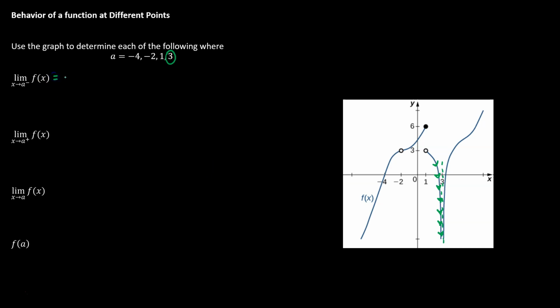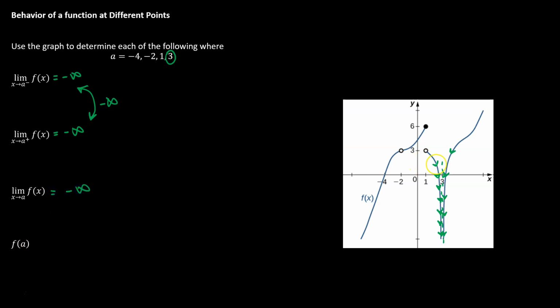So we know the left limit is negative infinity. We can see that coming from the right, we have that same trend. We're going down, down, down to negative infinity. So the right limit is also negative infinity. Since the left and the right limits match, we know the two-sided limit is also negative infinity.